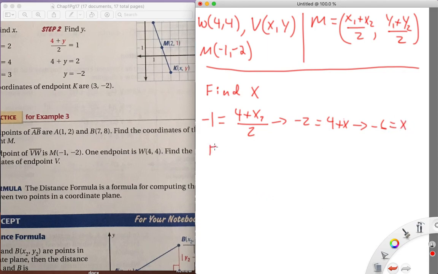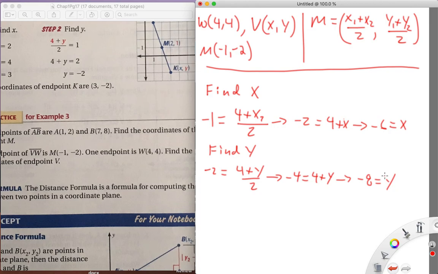Then the next thing we got to do is find the y coordinate. And that's going to be -2 equals 4 plus y over 2. Again, multiply both sides by 2, and I get -4 equals 4 plus y. Then I subtract 4 on both sides, and I get that -8 equals y.